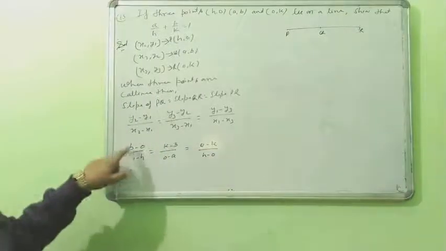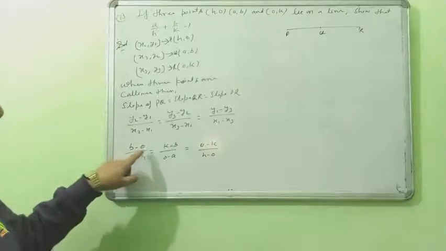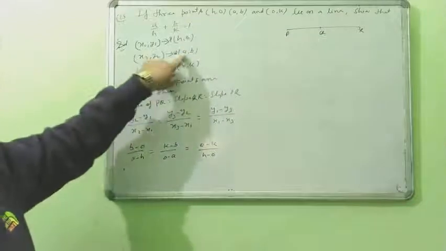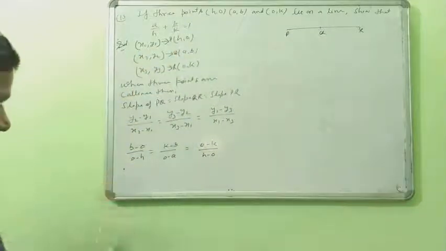So y2 minus y1, b minus 0, x2 minus x1, a minus h. This is the first.